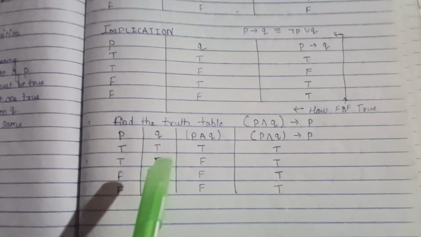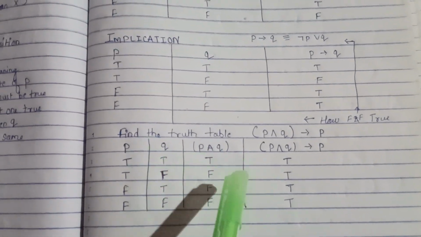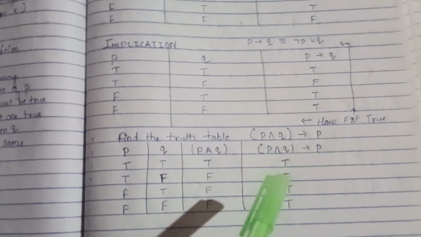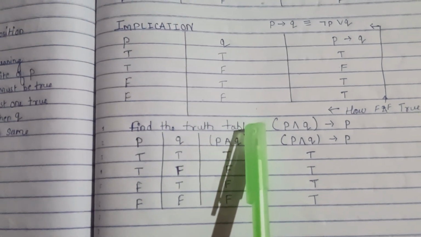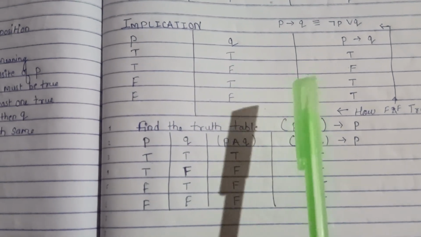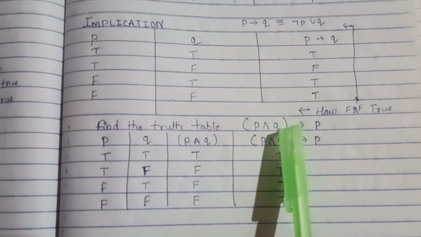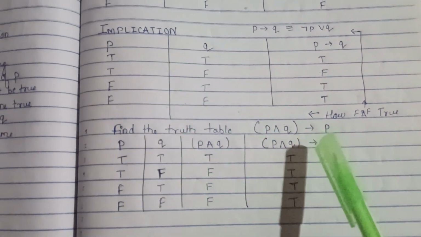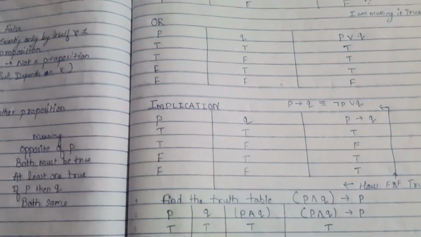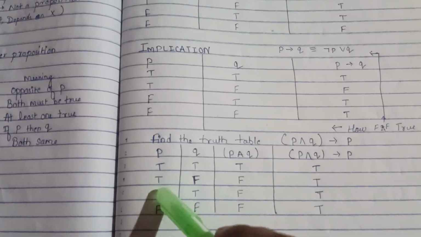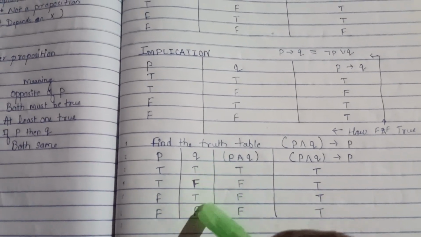Let's see a solved example for understanding. Find the truth table for P and Q in parentheses implies P. We have this table, and how we remember it is true, false, tutti frutti.